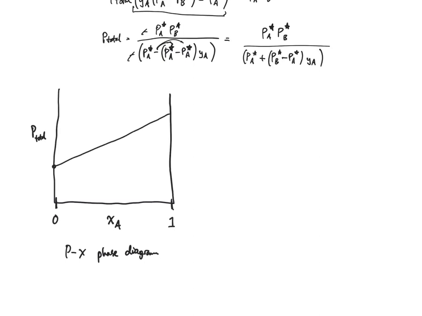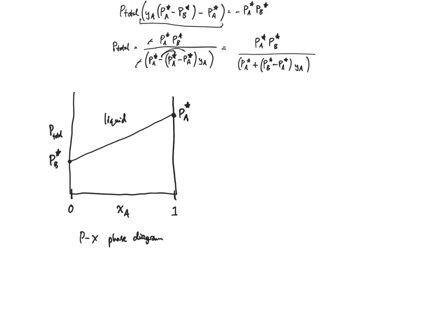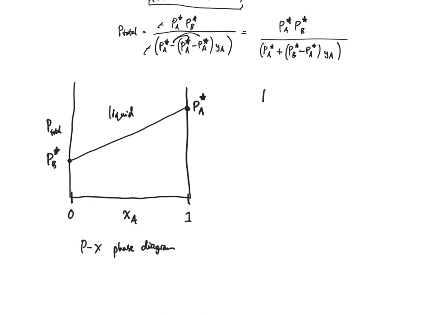like so, where this pressure right here is PB star, which corresponds to just pure B, because we've got a 0 mole fraction of A, and then over there, this is just pure A, so that's PA star right there. And this describes the liquid phase mole fraction. And then we've got an entirely different phase diagram that corresponds to the vapor. And so I'm going to write vapor right here.